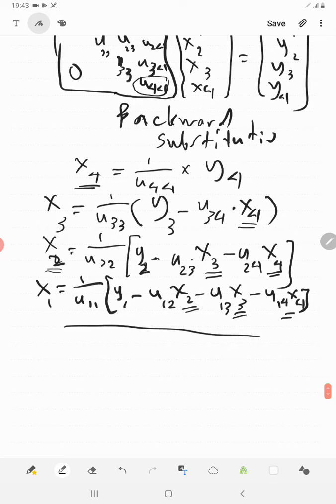If we go back to the program, for the second step, in the first step we started at 2, now we start at 3, because we have two elements, 3,2 and 4,2, to eliminate.